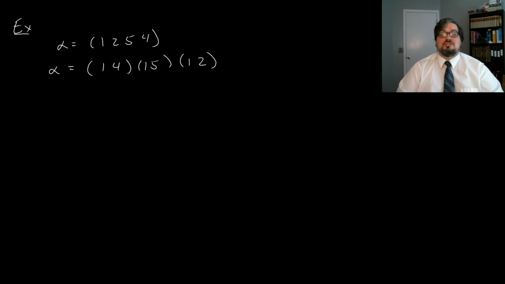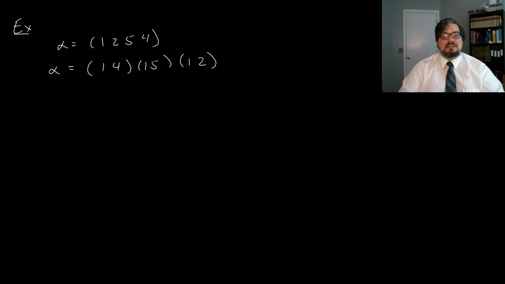So let's take an example. Let's look at alpha, which is the cycle (1 2 5 4). Well, it turns out that alpha can be written as (1 4)(1 5)(1 2). This is actually just using the construction that we saw in the proof last time.